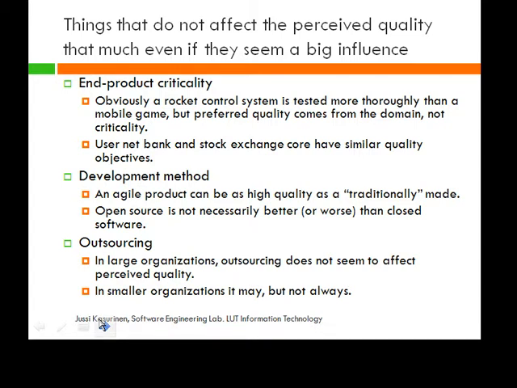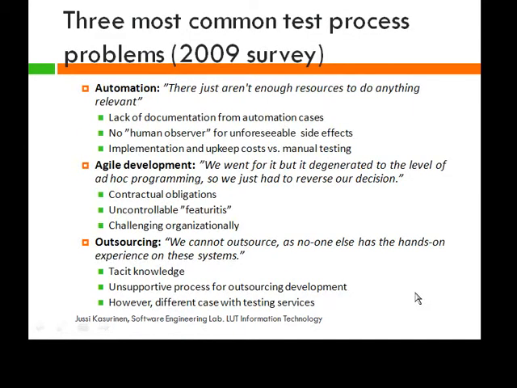In large organizations, outsourcing was actually seen as a way to help quality, because unnecessary things are thrown out from the development, and they are the headache of some other people. The large organizations thought that outsourcing helps them to focus on important aspects. In smaller organizations, they weren't as positive towards outsourcing, but outsourcing wasn't a major player in quality.